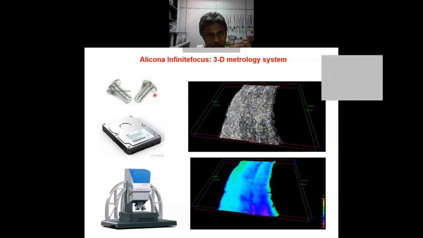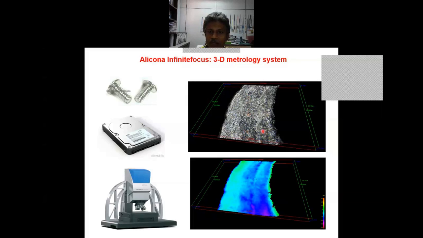That small particle can go into the hard drive and damage it. So they want a certain degree of roughness here. This measurement was done using an optical method. So when you look at a small landing over here, a very small area, this is what you will see.